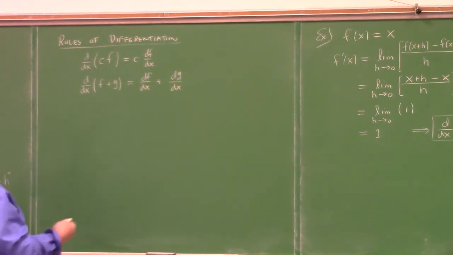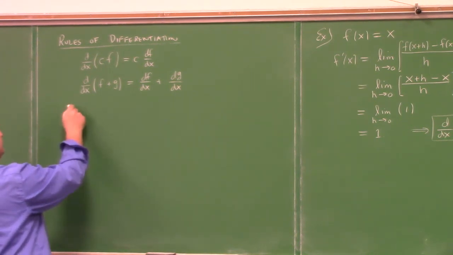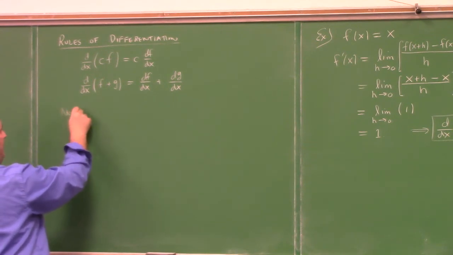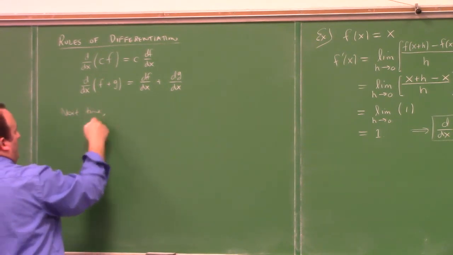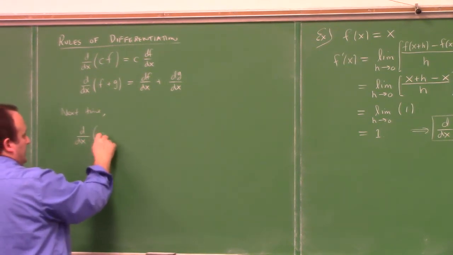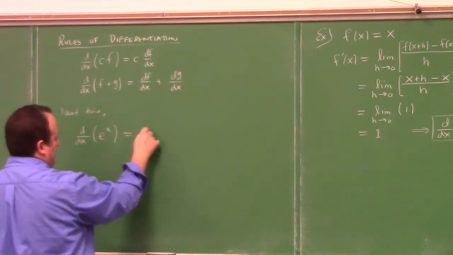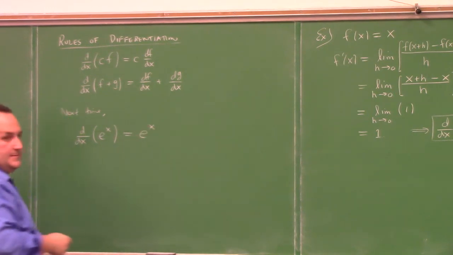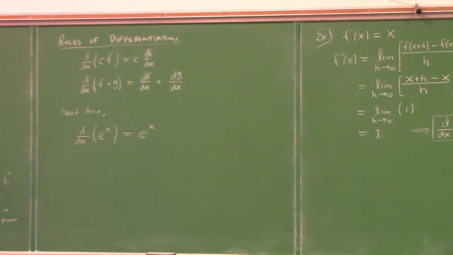And then the other thing coming up soon, next time, I also need to explain to you why d/dx of e to the x is equal to e to the x. So the derivative of the exponential function is the exponential function again.